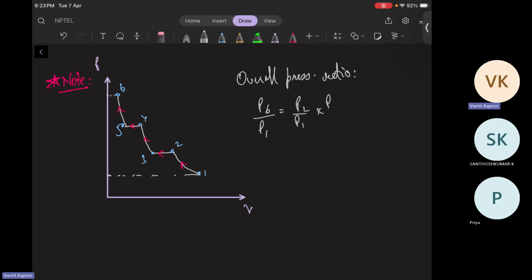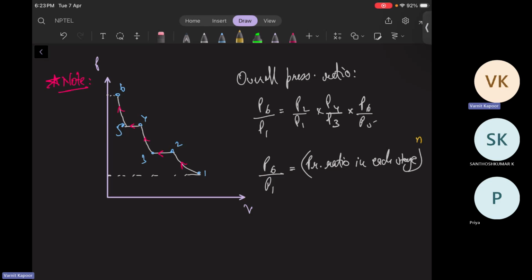So it is P2 by P1, P4 by P3, and P6 by P5. So we can write the overall pressure ratio is nothing but the pressure ratio in each stage power the number of stages, power n, where n is the number of stages.